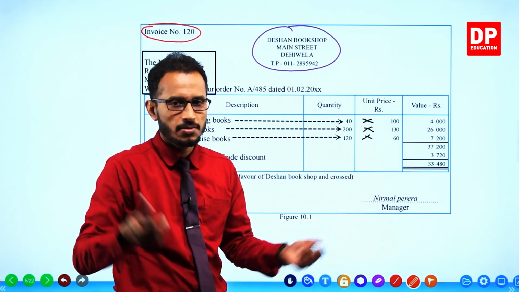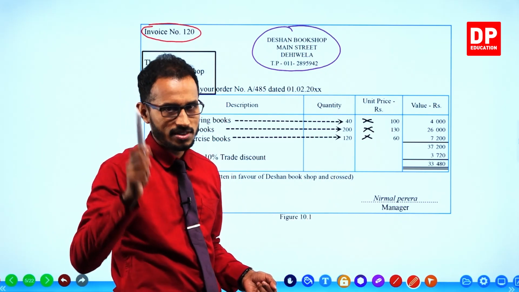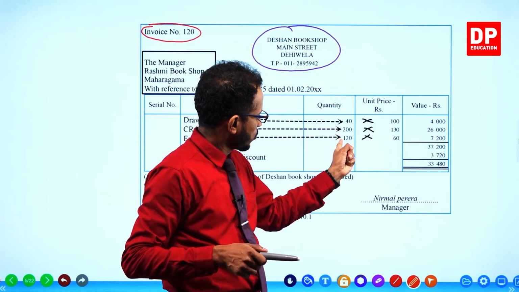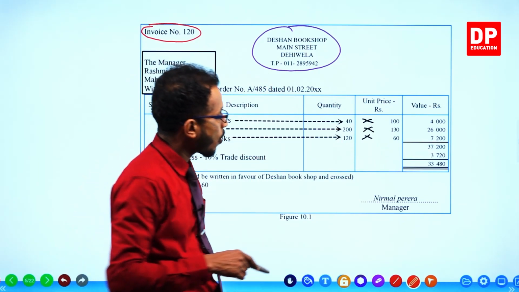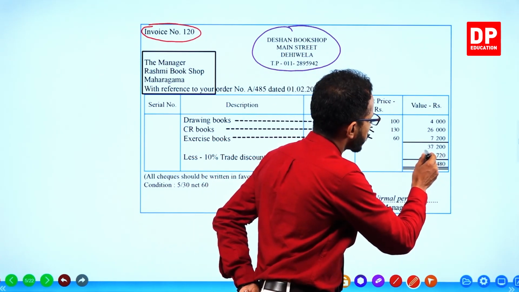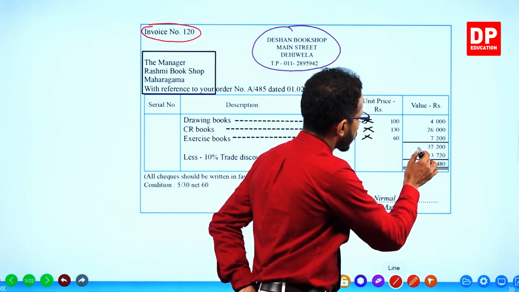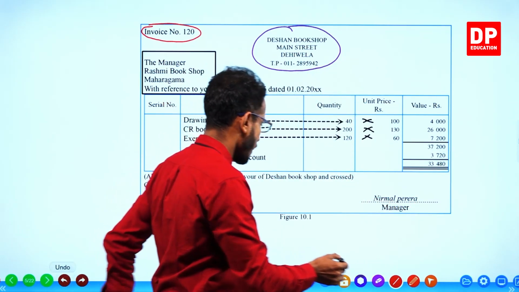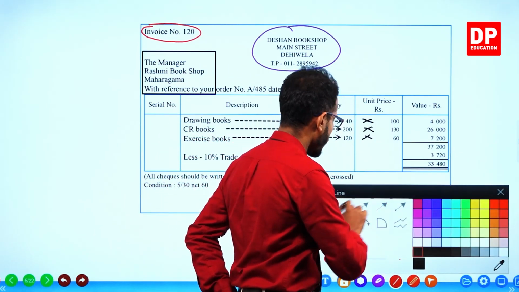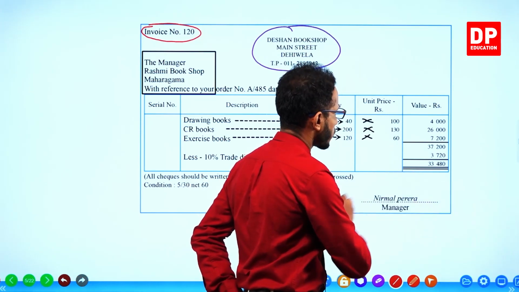That means one book is 60. 60 into 120, it's 7,200. Now the total that I have to pay is 37,200.